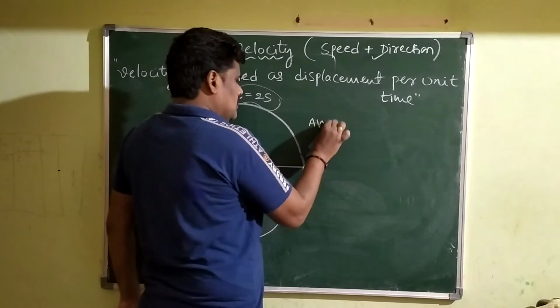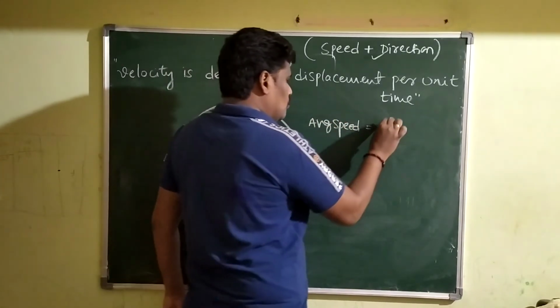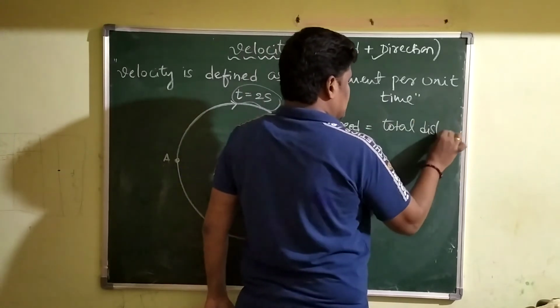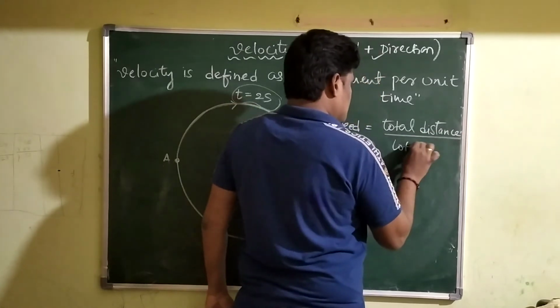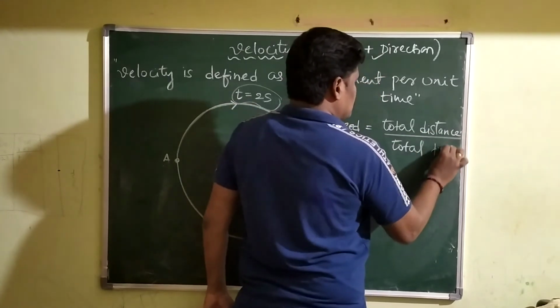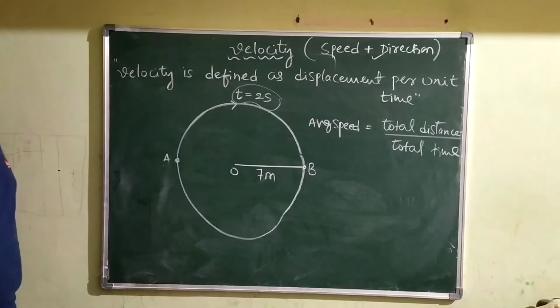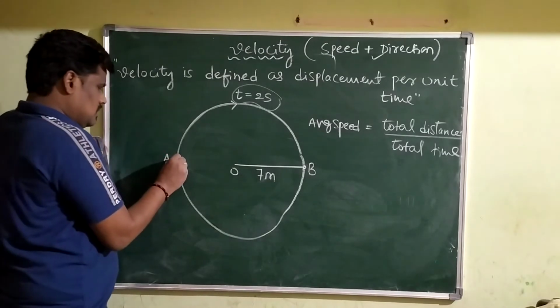Average speed is given by total distance by total time. What is the total distance here?